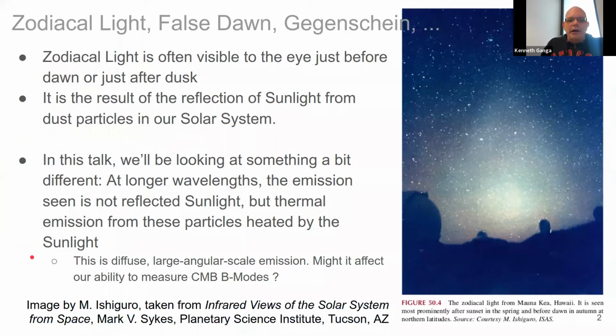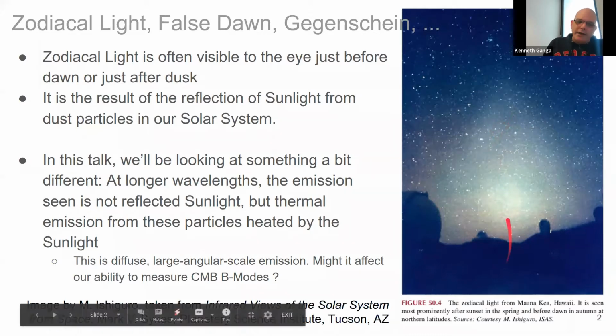We're talking about cosmic microwave background. LiteBIRD is a cosmic microwave background experiment. So we're talking about really long wavelengths, a millimeter or even longer here. And reflected light, we don't really see that. But what does happen is that these grains also absorb some fraction of this sunlight. They heat up, and then they re-emit that light.